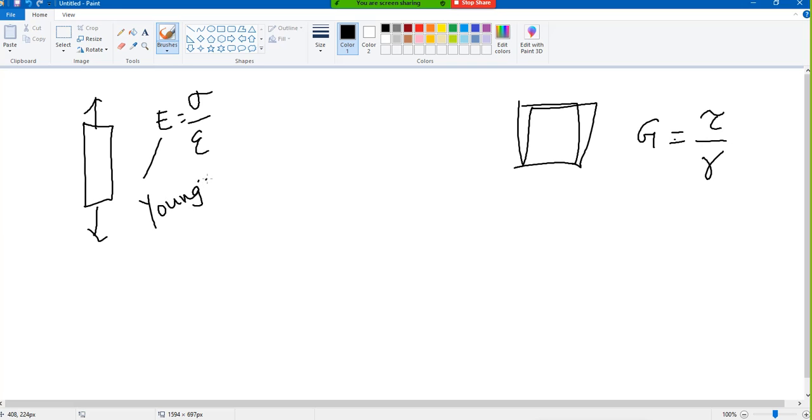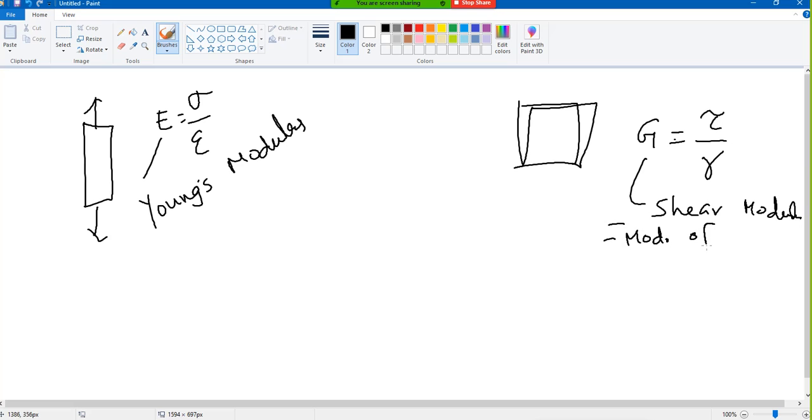Young's modulus. What is this? Shear modulus, or sometimes we call it modulus of rigidity. This question is in your MCQ test, so make sure you do not forget. What is G? G means modulus of rigidity or shear modulus. Both are okay.